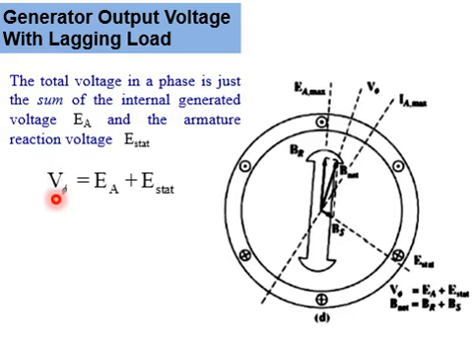So we studied that V phi would not be equal to EA if there is a load. If there is a load, this additional voltage would also be there.